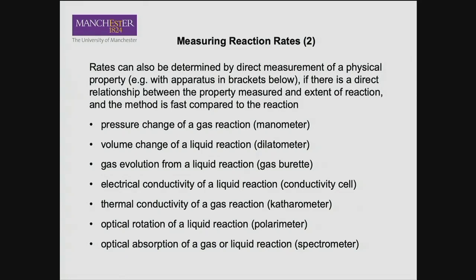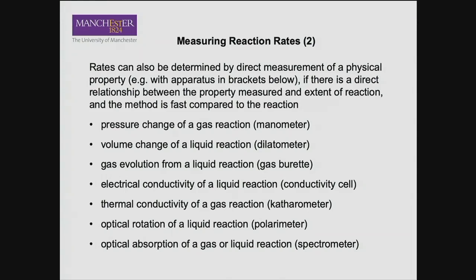And then you can look at the interaction of molecules with light, or any electromagnetic radiation frequency that gives a response in your molecule. So for instance, you can look at the polarity of light as it travels through your sample. If you've got a chiral sample, it will rotate plane polarized light. If the chirality around the chromophore changes, then that rotation angle will change.